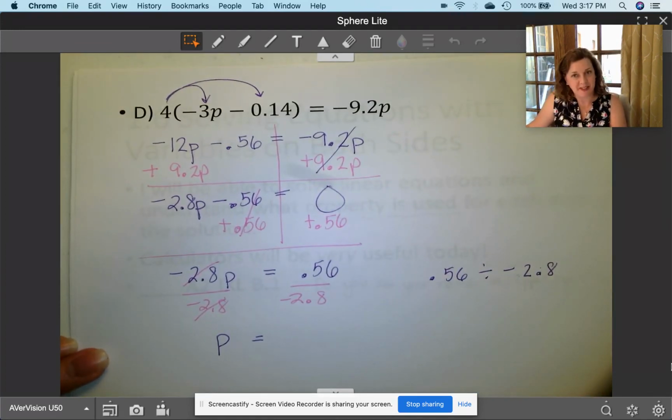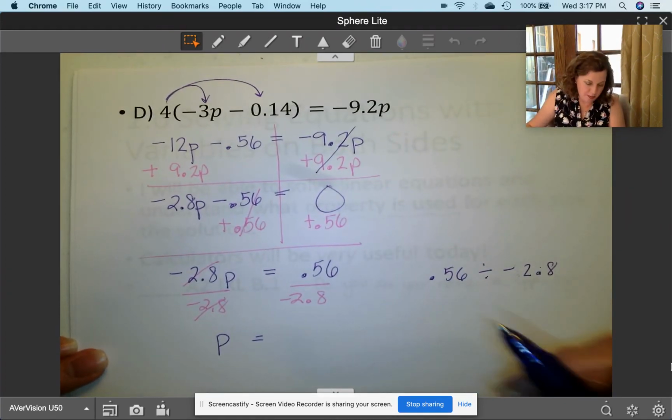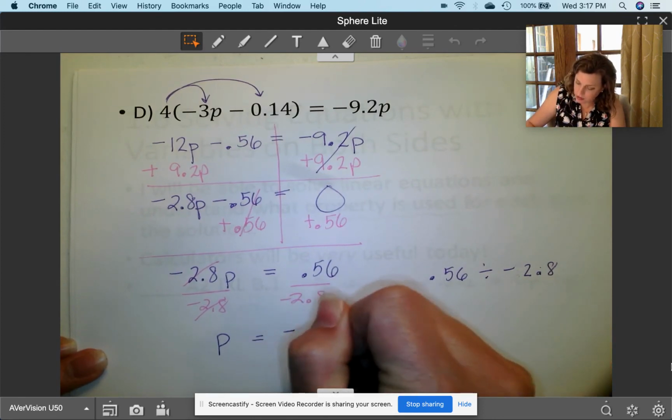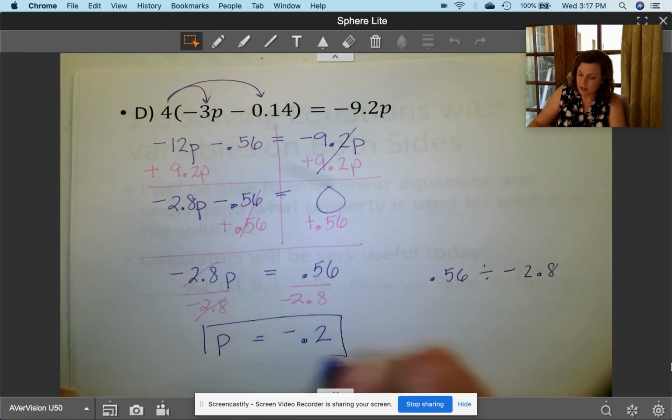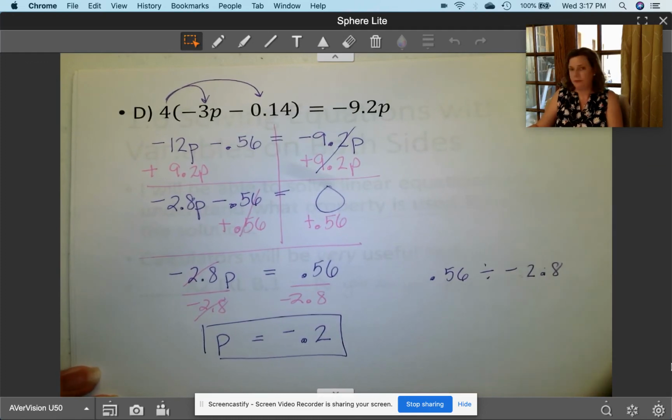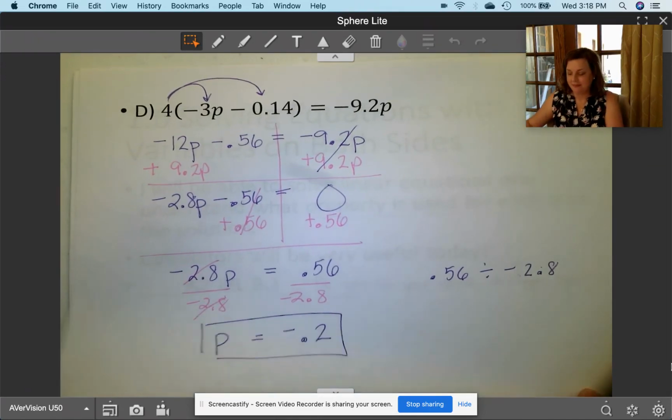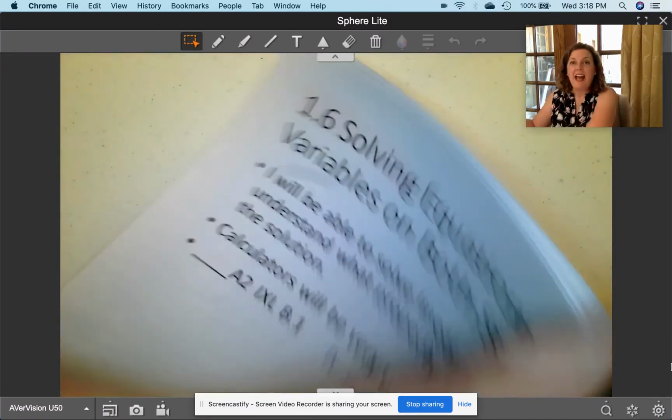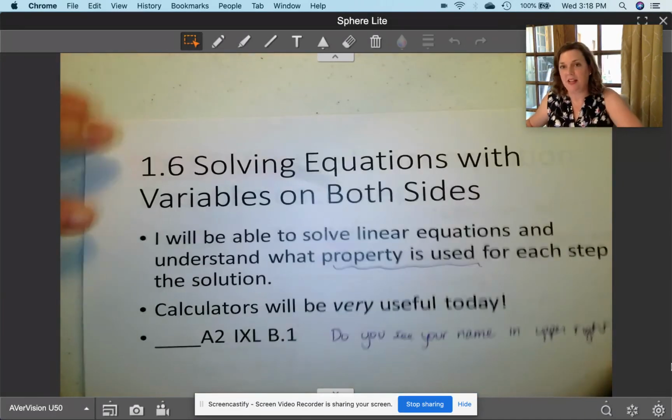Please use your calculator so you know how to use it. And we get negative 0.2 for our P value. Oh, we're done. How about that? I was surprised too. I know you were.